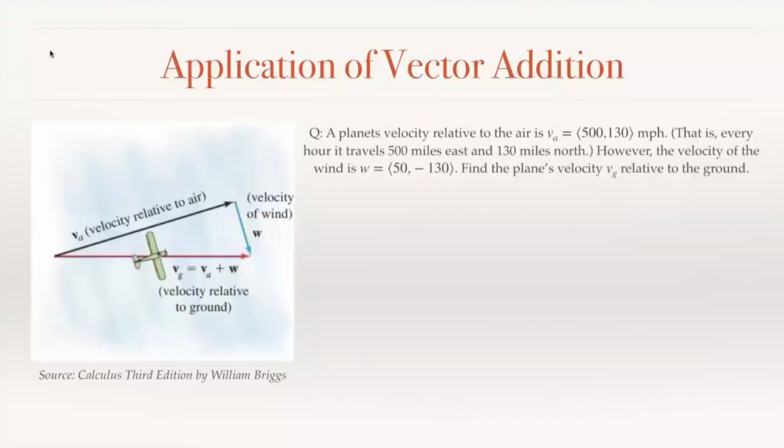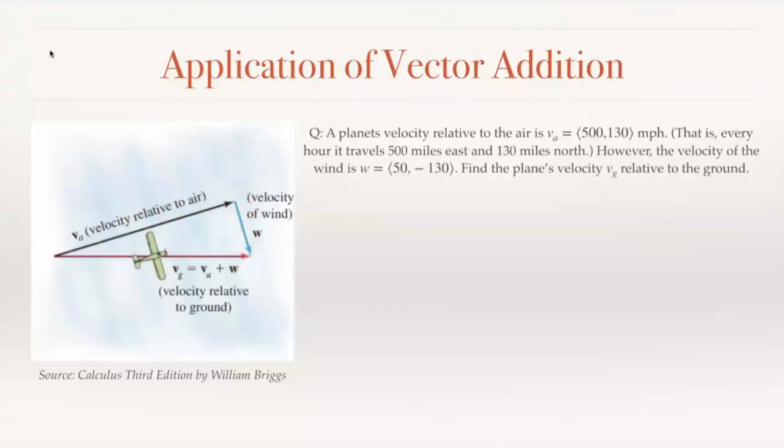If there's a wind velocity w, then the plane needs to go in some sense against the wind, and that will make it turn out to go horizontally. The velocity of the plane relative to the air plus the velocity of the wind, that's geometric vector addition, will be in total the velocity of the plane.